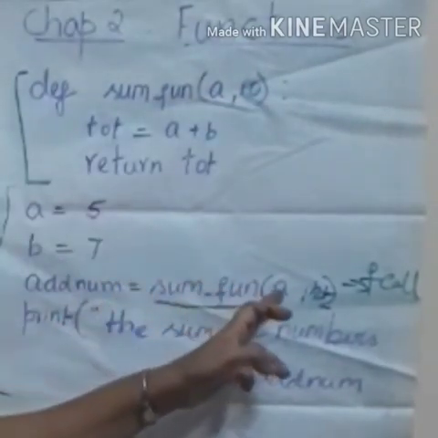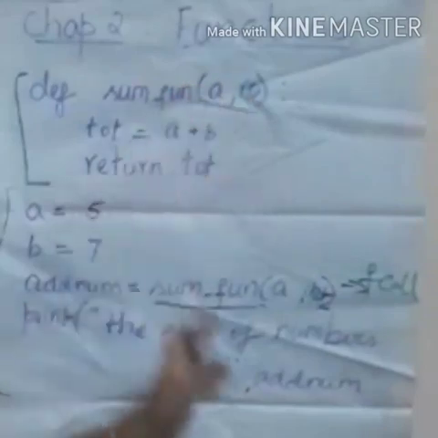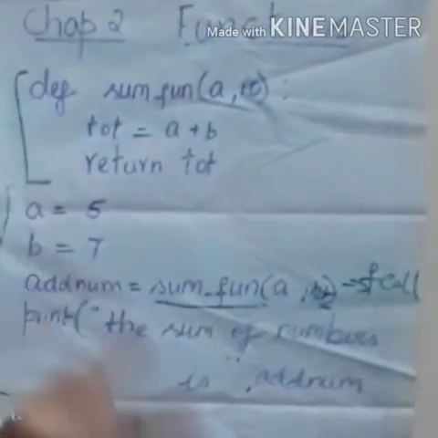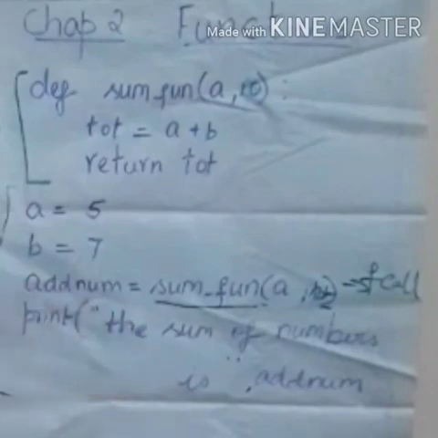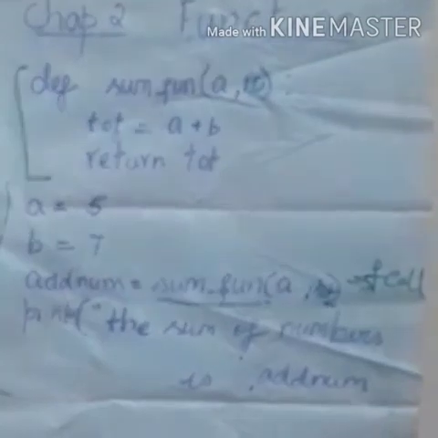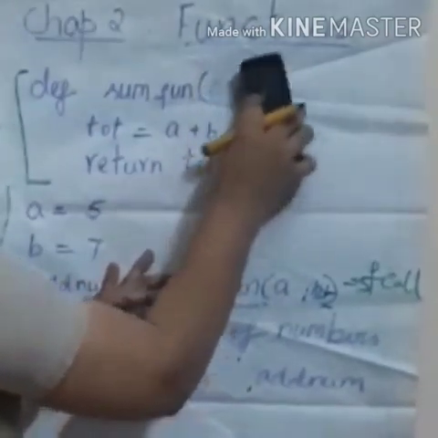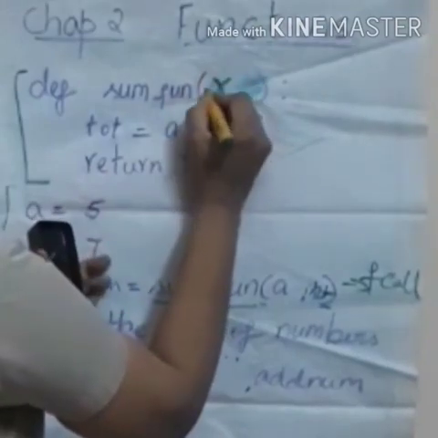Sometimes in some cases it will be 3 here, 3 here, 4 here and 4 here. And you are not sure how many arguments are coming. You put it by placing an asterisk symbol, that is, you put it as asterisk A.